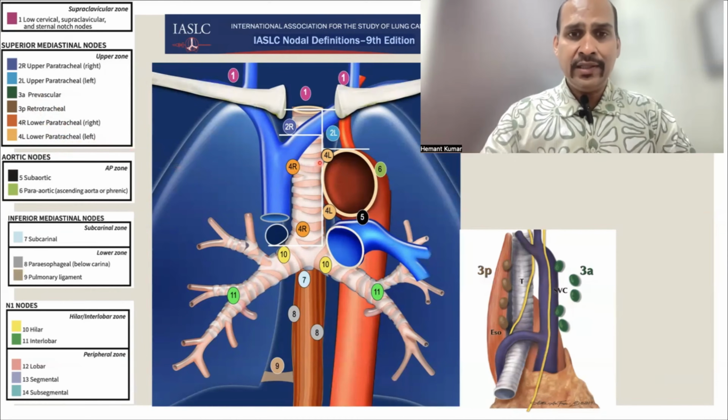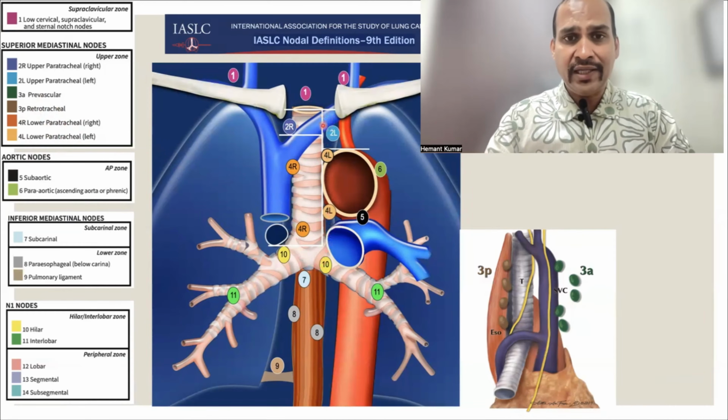So one thing I have to tell you, this is trachea. This is the left side lateral border of trachea. You have to mark very carefully, because right side of this border is right side lymph node. Left side of this border is left side lymph node.